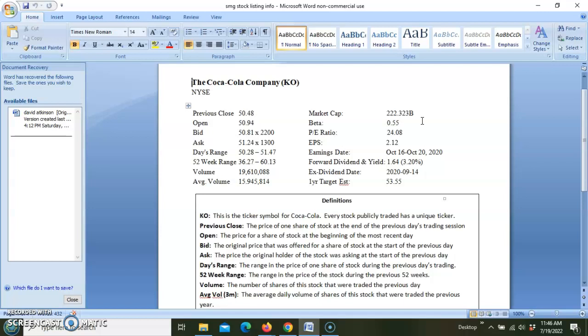Let's say that you anticipate that the stock market is going to do really well this semester. You anticipate a very robust, healthy, growing economy, a healthy, growing stock market. You would probably want to find companies to invest in that had a beta greater than 1. You would look for high betas.